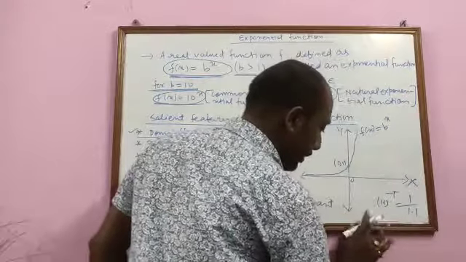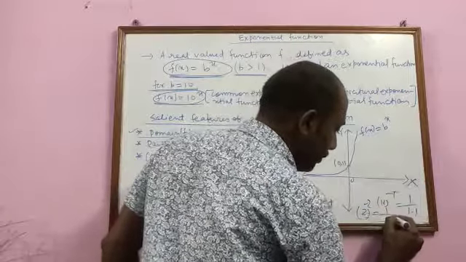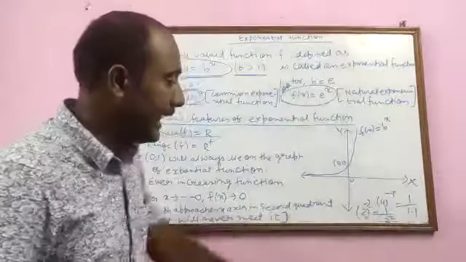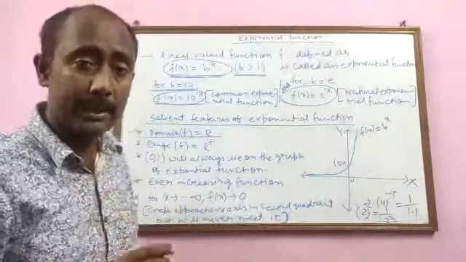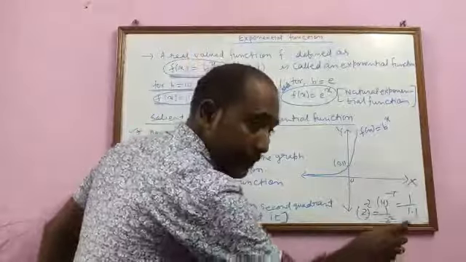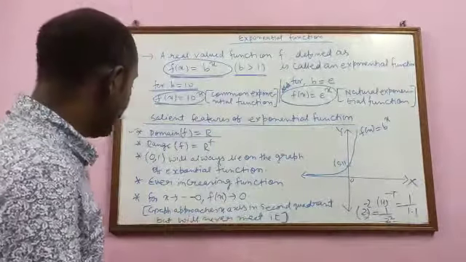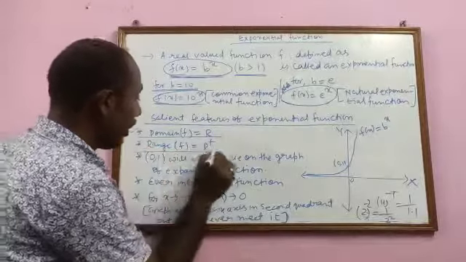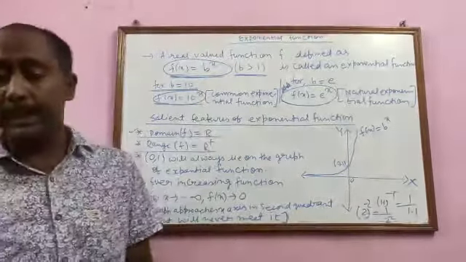If you take 2 to the power minus 2, it will stand for 1 by 2 to the power 2. In any such case, you will never get a negative value of y. These all are positive values. It will never be a negative value. Therefore, we say that the range of the exponential function is the positive real numbers.